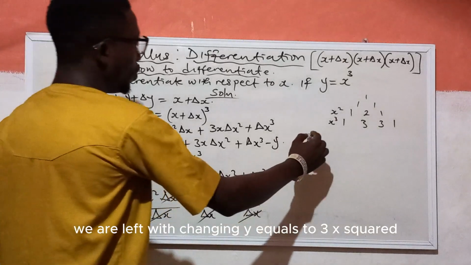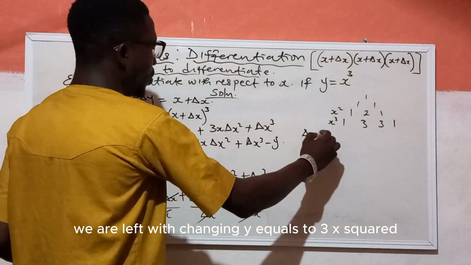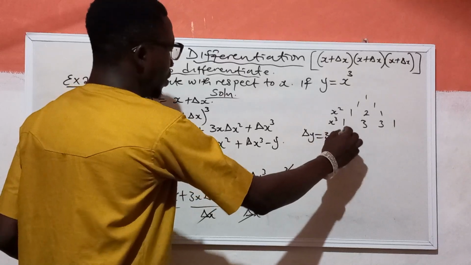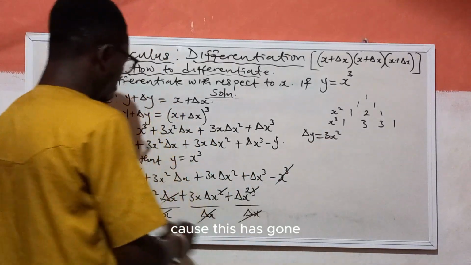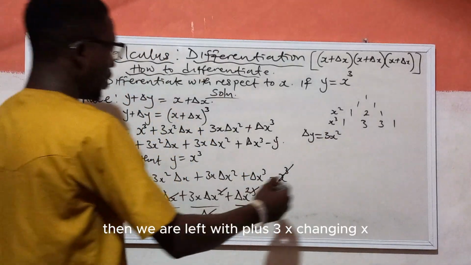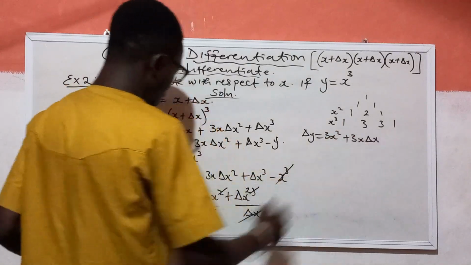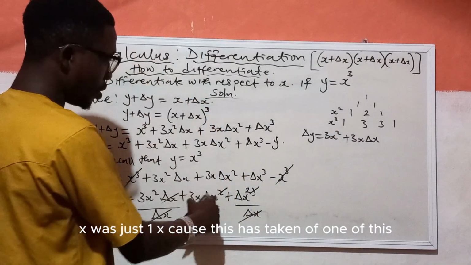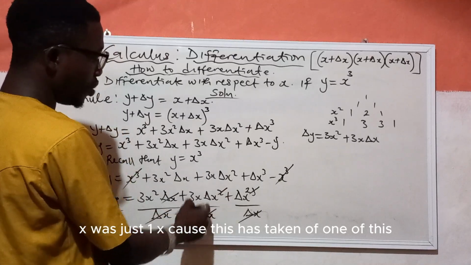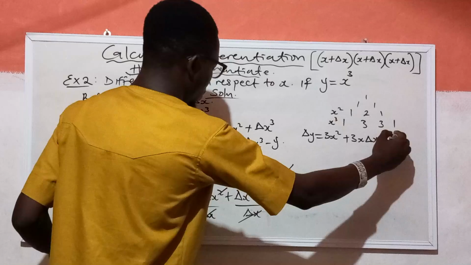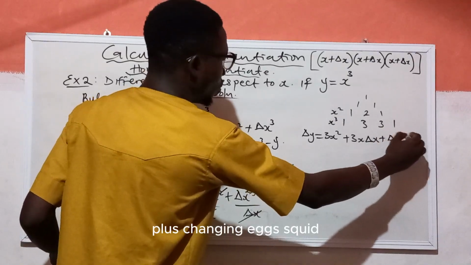We are left with change in y over change in x equals 3x squared plus 3x change in x. Just 1x, because this has taken care of one of these and it will remain 1. But here is having 2, so plus change in x squared.